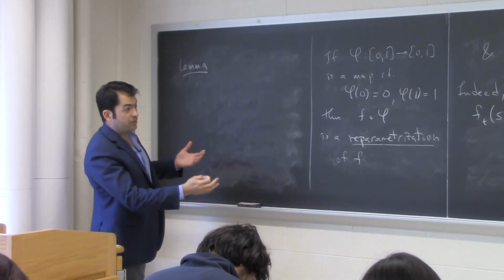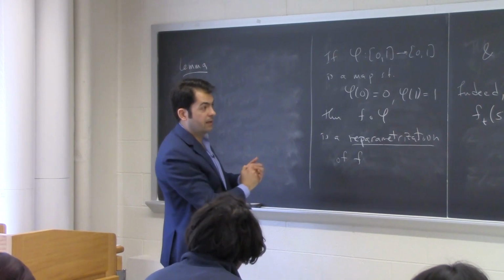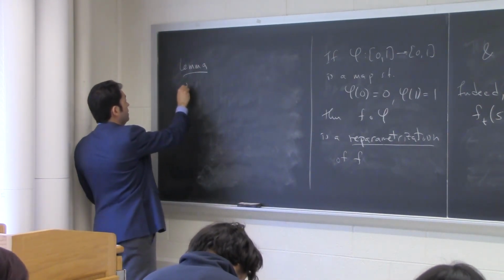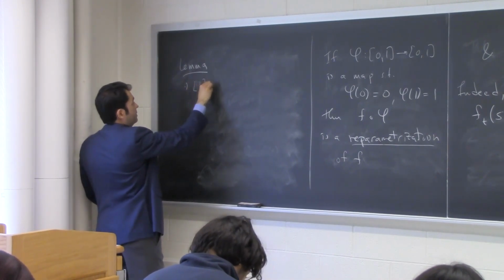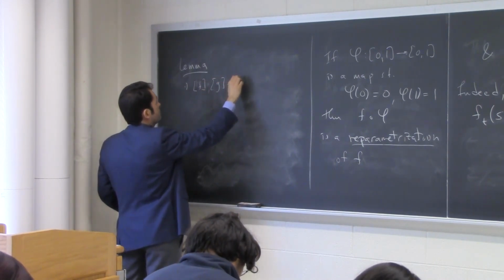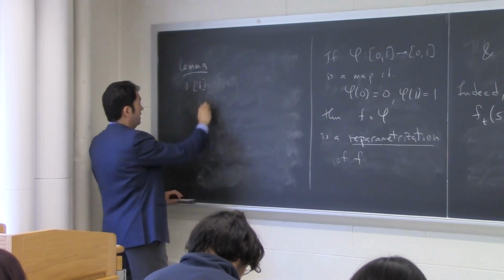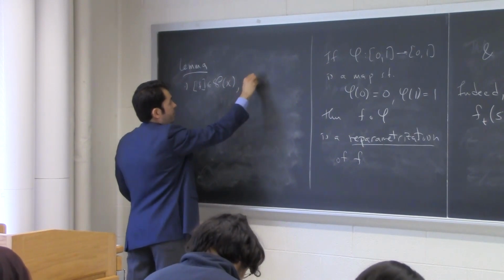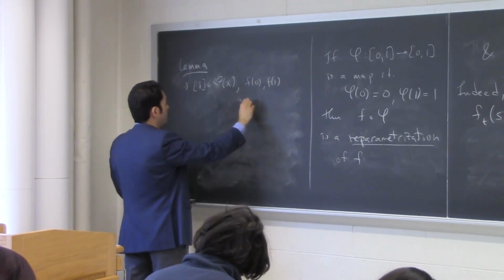Here are some properties of how this operation of path concatenation works out for equivalence classes. First of all, it's well defined. If you have an equivalence class of paths, then F(0) and F(1) are well defined.